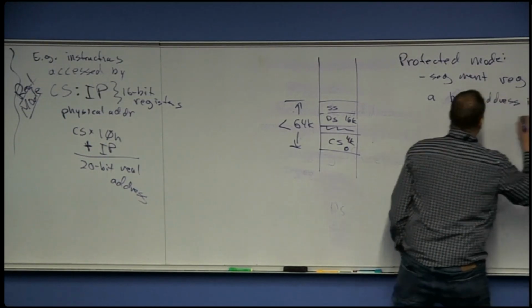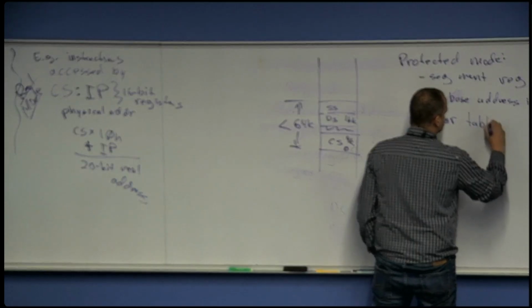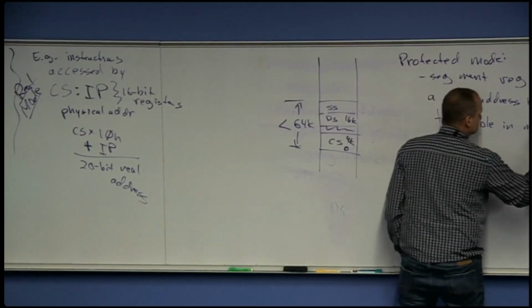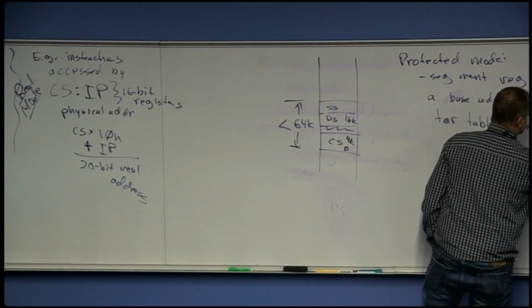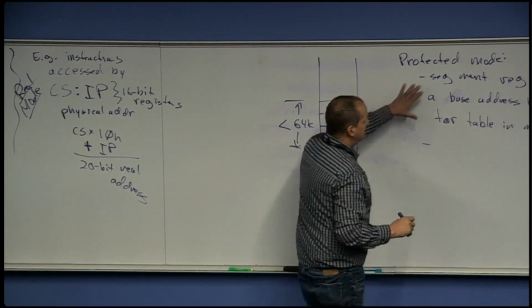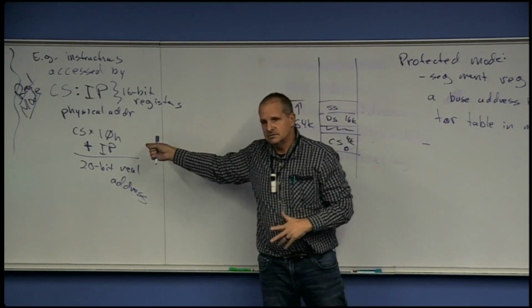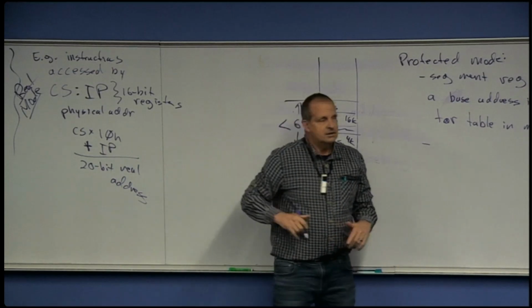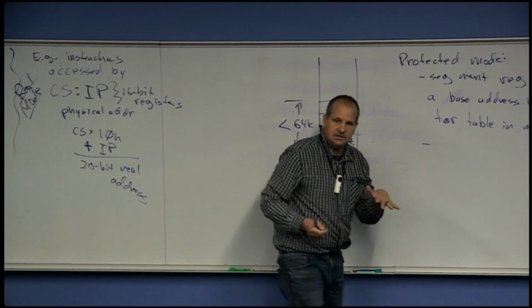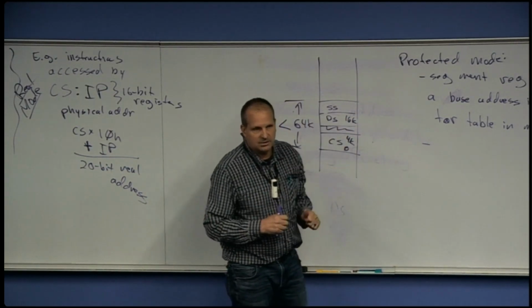Descriptor table lies in main memory. Okay. So the segment register, it doesn't do this at all anymore. It points to a descriptor in a descriptor table, and there's two types of tables, local and global. We'll talk about that in a sec.